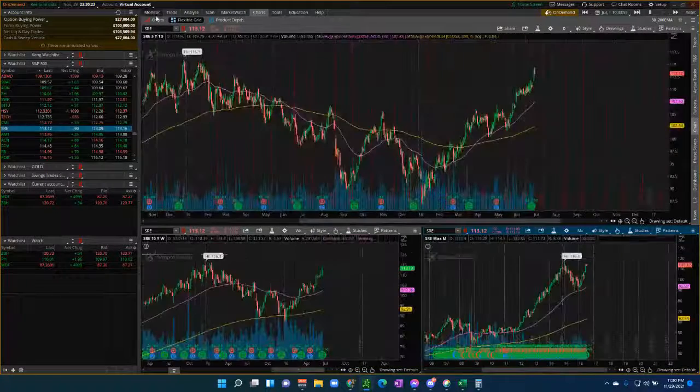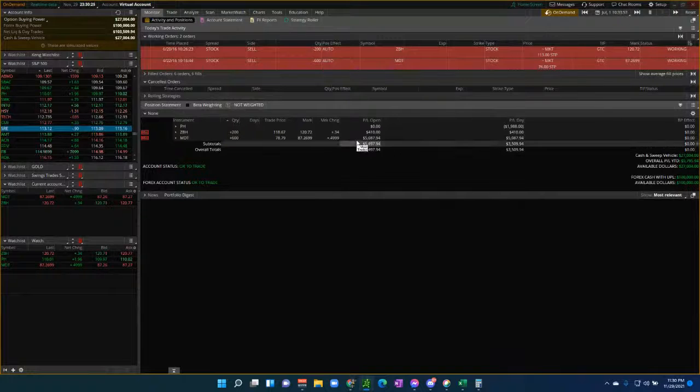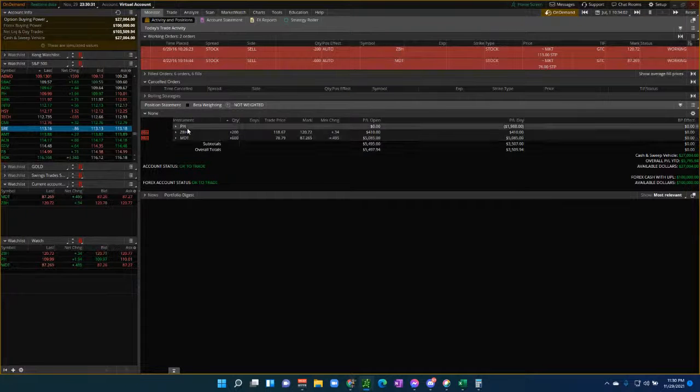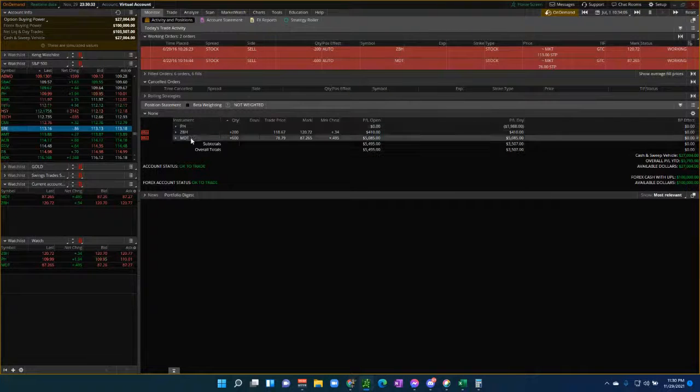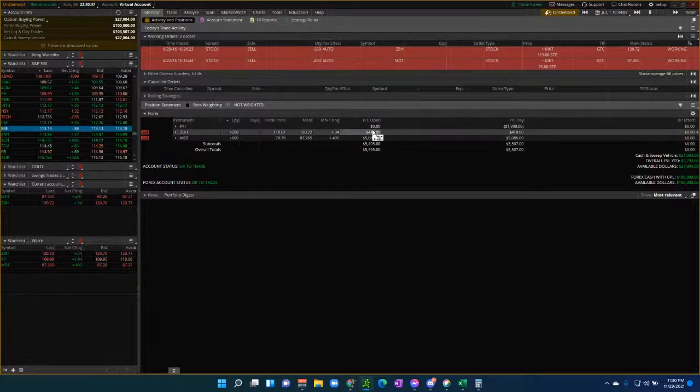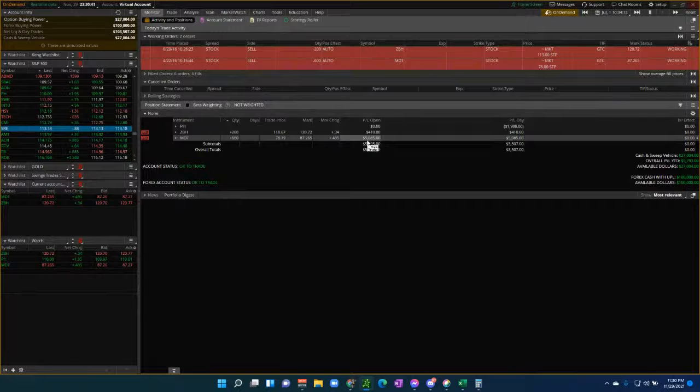But our other positions are doing really well. They more than make up for the loss that we have incurred in PH. So here MDT is up $5,000. ZBHDX is up $400. It's very good.